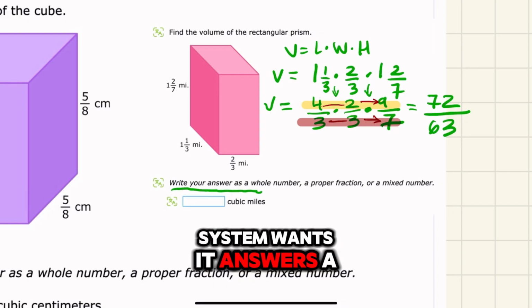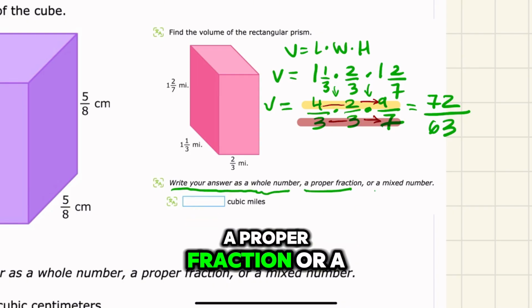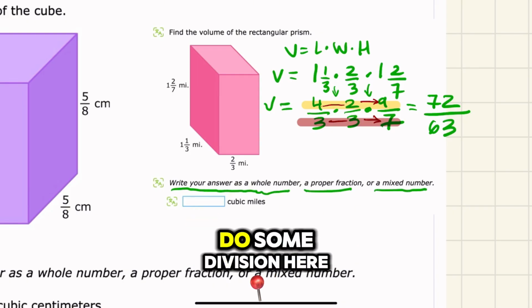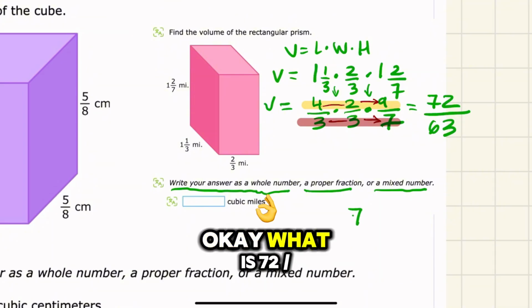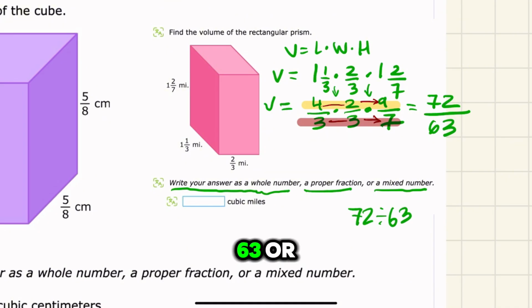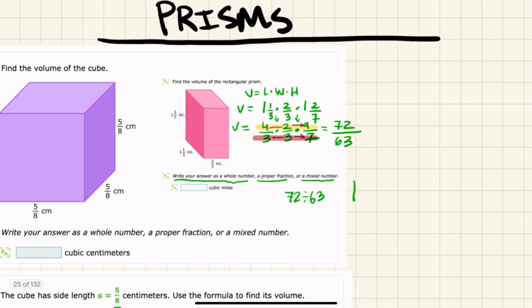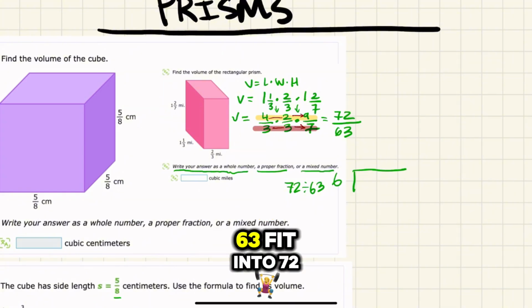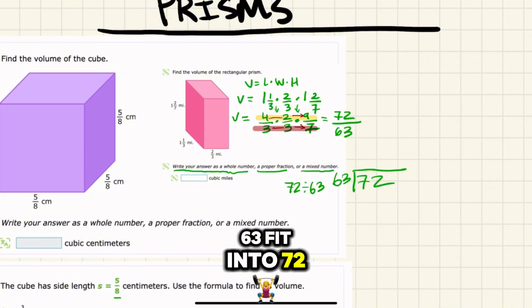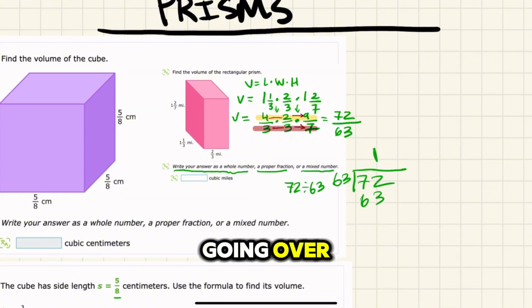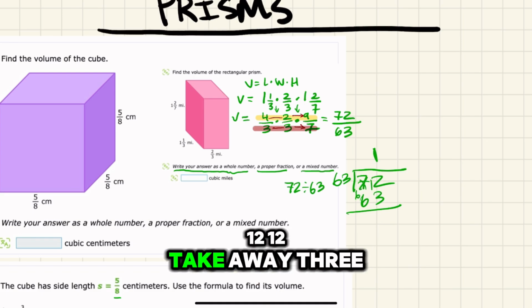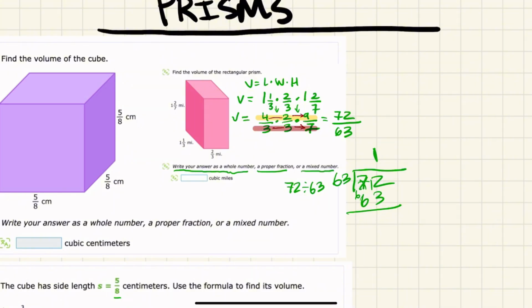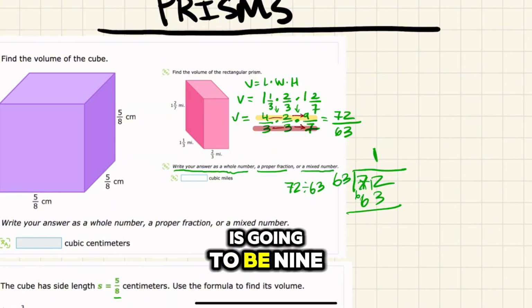Now, in order to make sure that we have it the way the system wants it, an answer that is a whole number, a proper fraction, or a mixed number, we have to do some division here. We have to say, okay, what is 72 divided by 63, or how many times does 63 fit into 72? It fits in 1 without going over. Then 72 take away 63 is going to be 9.